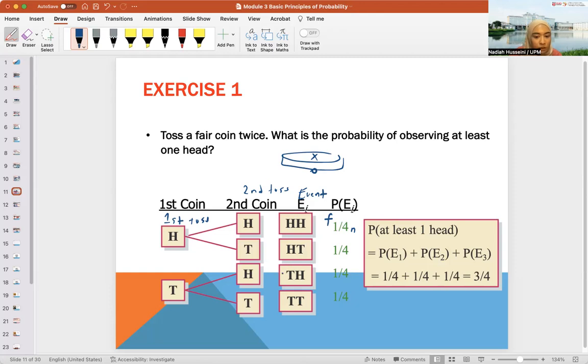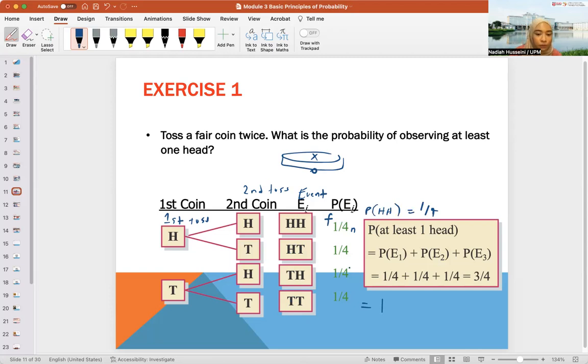What is the probability of TH, tails and heads happening? You see it 1/4. And then tails and tails also 1/4. So the probability of these in total will give you 1. But each is 1/4. P of HH is 1/4. P of HT is 1/4. P of TH is 1/4.